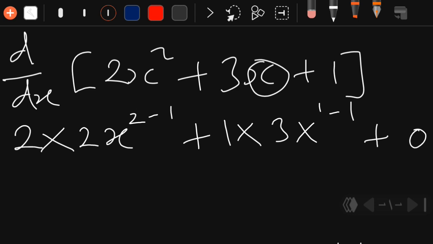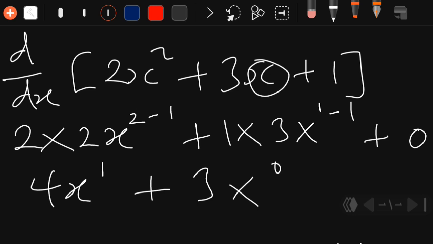So 2 times 2, you're going to have 4x, 2 minus 1, you're going to have 1, plus 1 times 3, you're going to have 3, times x, then 1 minus 1, you're going to have 0.